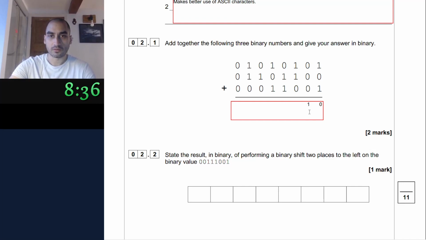And then we've got 0. Carry the 1. So 1 plus 1 is 0. So we've got 1, carry the 1. 1, carry the 1. 0, carry the 1. 1, carry the 1.